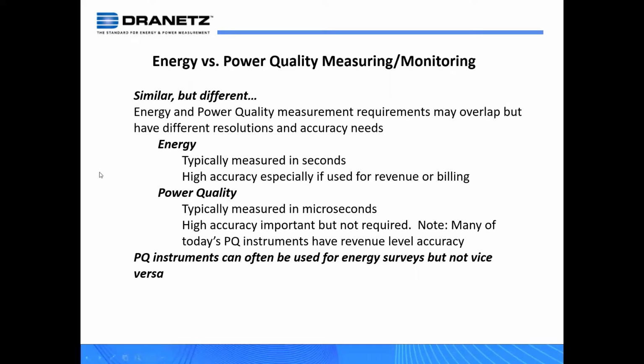And then, of course, you have power quality, and the resolution for power quality is in microseconds. Why is that? Well, you can have power anomalies or power quality events whose duration may be in the microsecond range. And so obviously you want to have the instrumentation to be able to record that. High accuracy is important, but it's really not required because, again, the main focus is power quality monitoring, PQ detection, things of that nature.